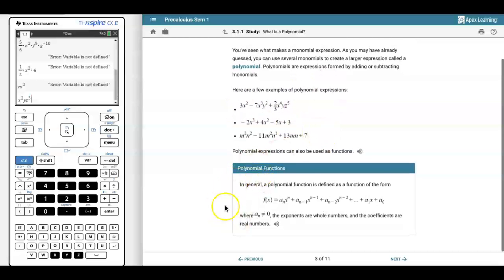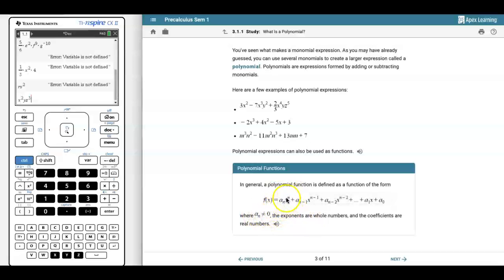And in general, there's the general form for a polynomial. So we start with something to the power of n, and technically then you have something smaller every time. So x to the 5th plus some value, x to the 4th plus some value, x to the 3rd plus, all the way till we get down to just a constant by itself. And a to the nth, that first term there, cannot equal 0.